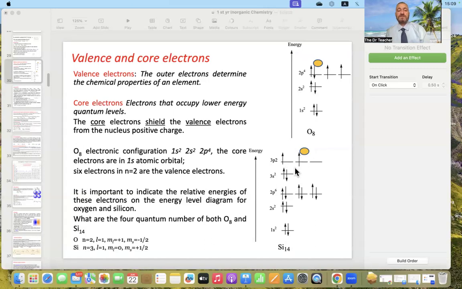So here it is 0. Now we come to the spin. How is the spin here? The last one, the spin is -½, whereas the spin here is +½. So now you see the oxygen is taking n=2, l=1, ml=-1, ms=-½. Silicon is 3, 1, 0, +½. Okay.